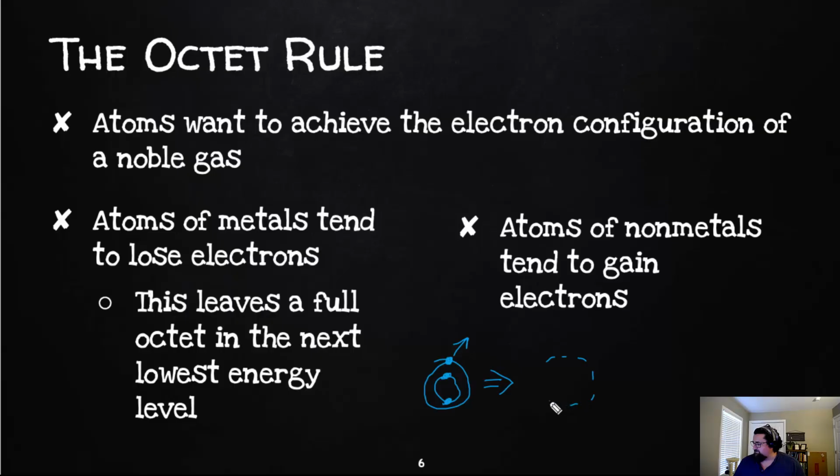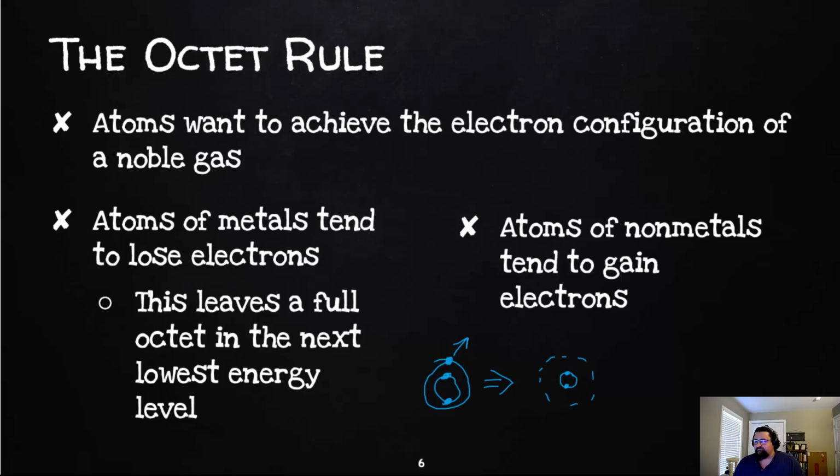It's there, but now it's not occupied. Remember, that valence shell wants to be occupied. So then this will fall to the next lowest level, which now is full. That's helium, a noble gas. So it leaves a full octet in the next lowest energy level. If it's lithium, and it loses that 1, it gets the electron configuration of helium.